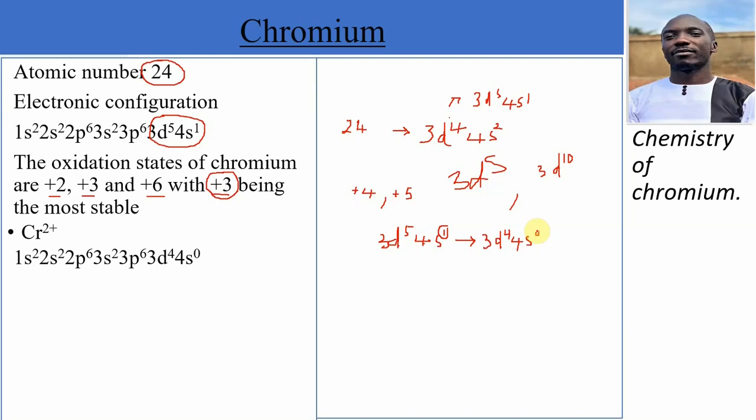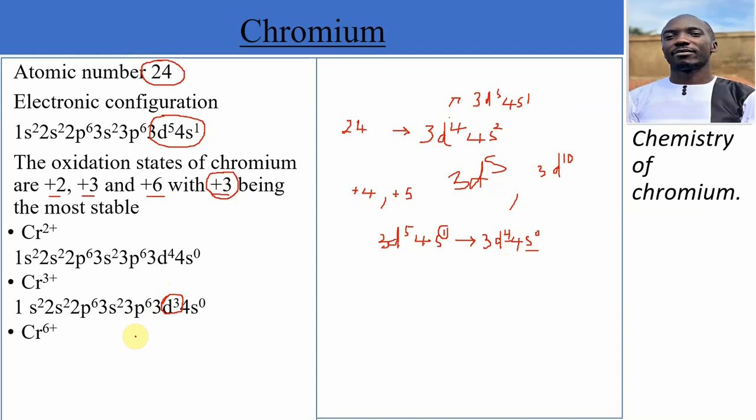And remember, when we are losing these electrons, we start with the s sub-energy level, then we go to the d sub-energy level. Then if it is chromium 3, it loses 3 electrons. So remember, we had lost the 1 electron we had in the s, and in the d we had 4. So if we lose the 3rd electron, it means that in the 3d we shall remain with only 3.